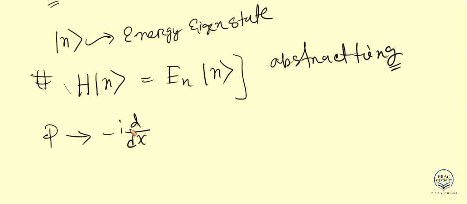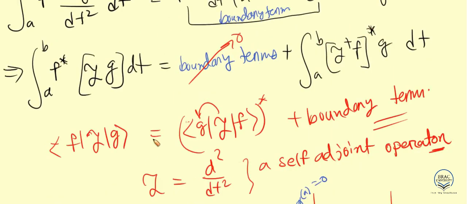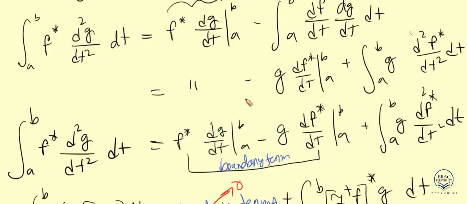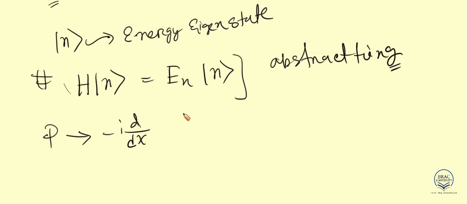So since you are getting a minus sign and you don't want it, the trick is to put an i and a minus sign over there, so that when you conjugate it, like we did before, you don't pick up any extra minus sign, and this whole thing becomes a Hermitian operator.